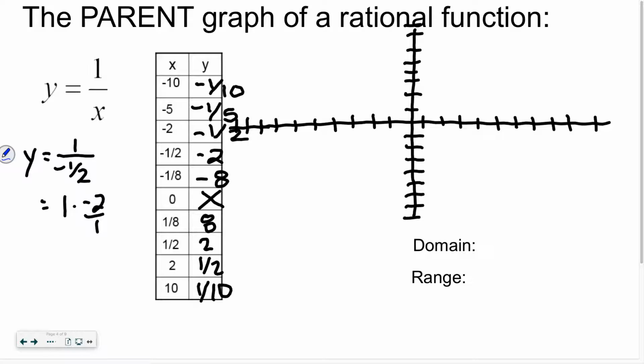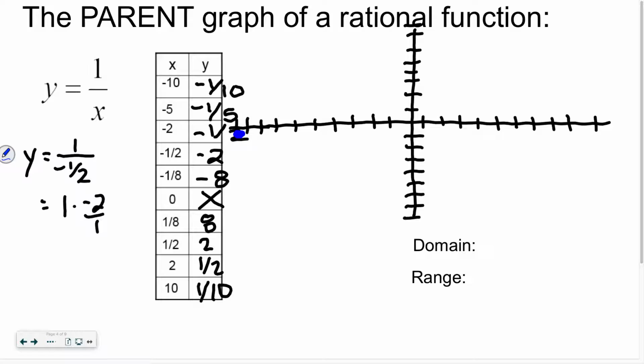Okay, let's plot some points. First ordered pair: negative 10, negative 1/10. It means go left 10, and then down 1/10. That's just a little bit, really close to the x-axis, right? I've run into my table over there, so I apologize. Then negative 5, negative 1/5.